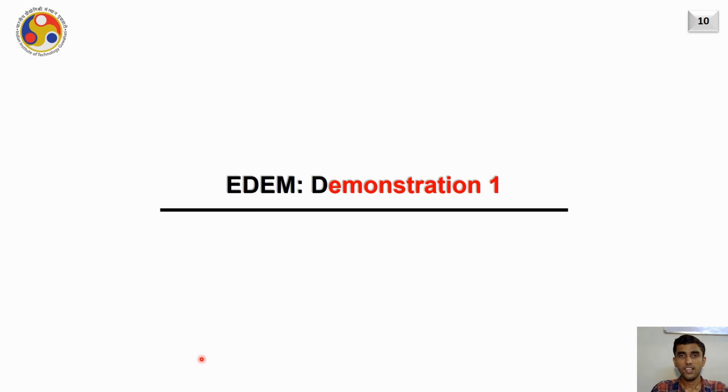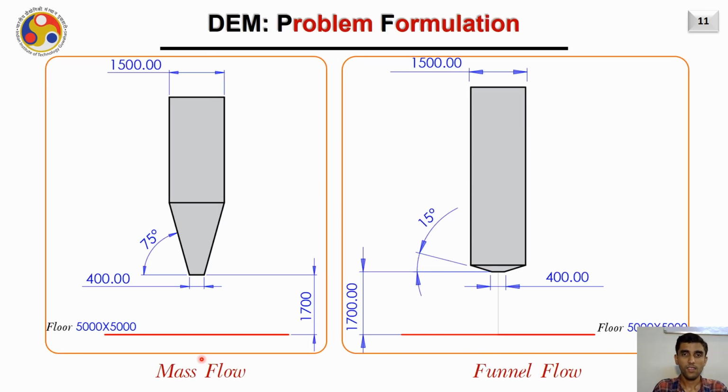So with this brief introduction to the discrete element method, let's switch to the DEM environment, the EDEM environment, and let's see how we can perform a discrete element method analysis. This is the problem that we are going to be looking at. This is a very simple problem. Here you can see that there are two hoppers, or two silos.